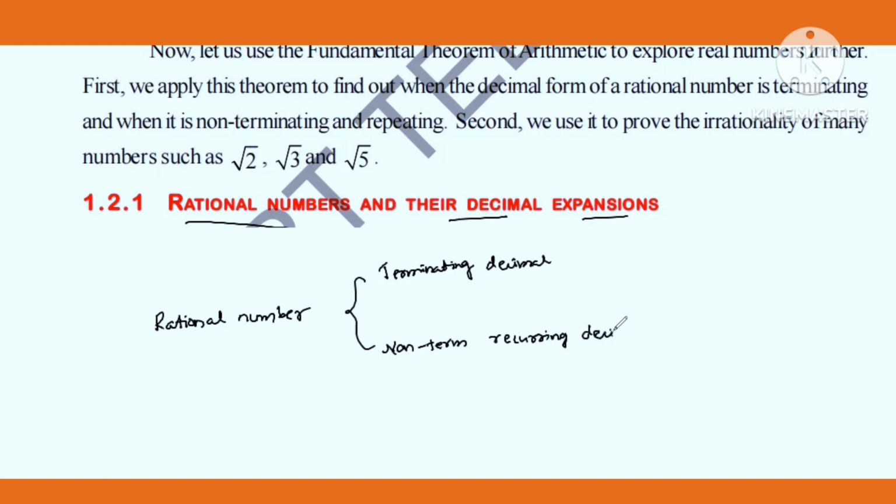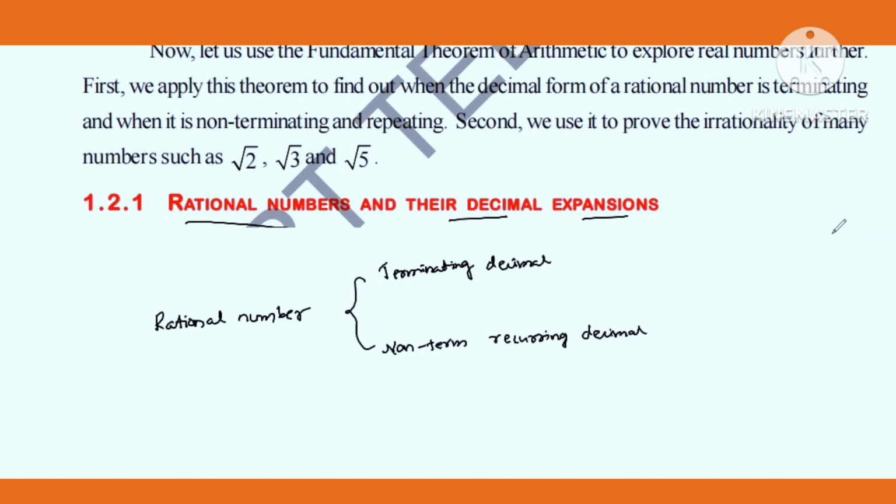We get only these two types. We don't get non-terminating, non-recurring, because non-terminating, non-recurring decimals cannot be expressed in the form of p by q. So we get only these two cases.